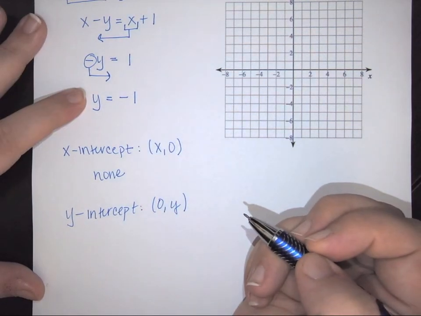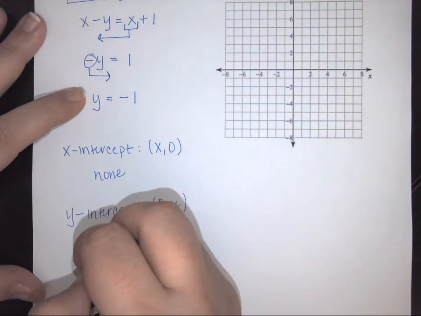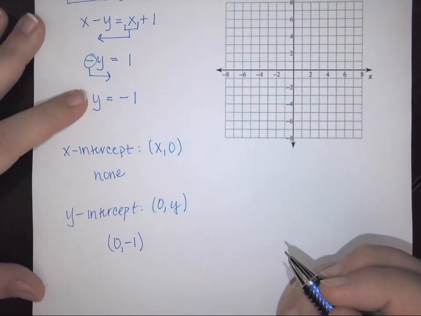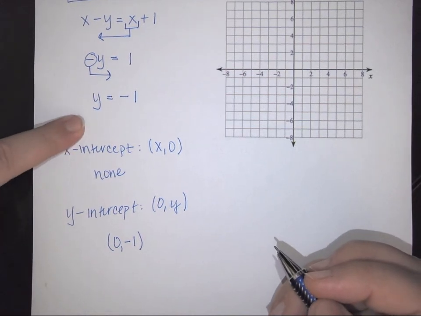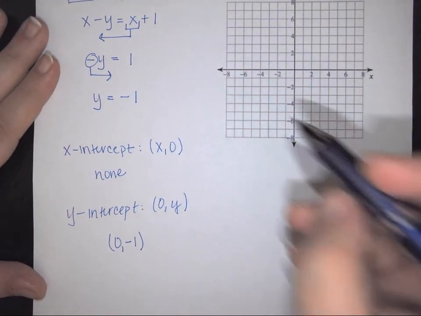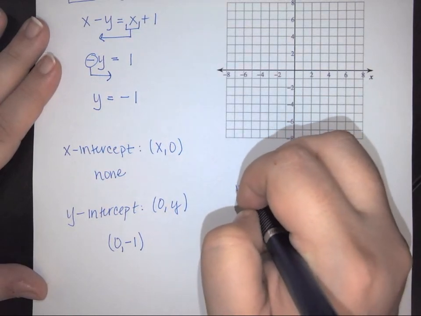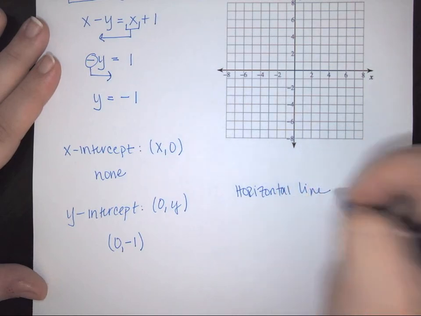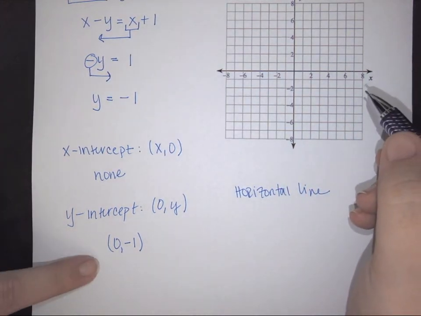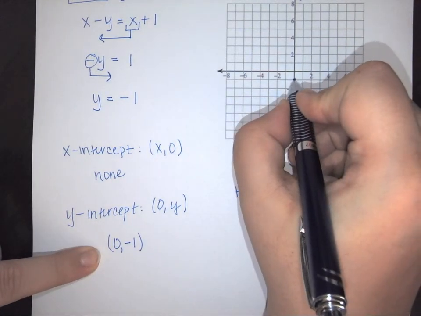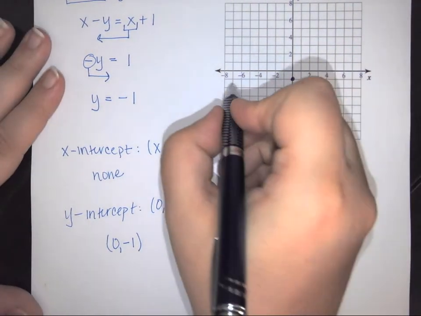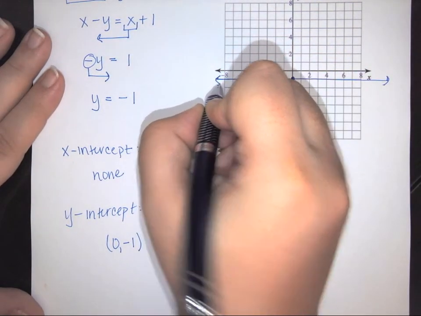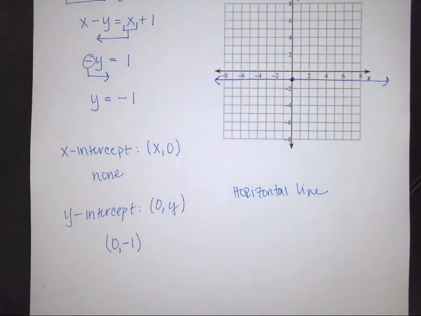Well, I already have that, so in this case I'm looking for the point 0 comma negative 1. This is a very special case because I don't have any x's. This we're looking at is a horizontal line. So I would plot the one intercept I have, which is at negative 1, and then it is a straight line that cuts through, that runs parallel to my x-axis.